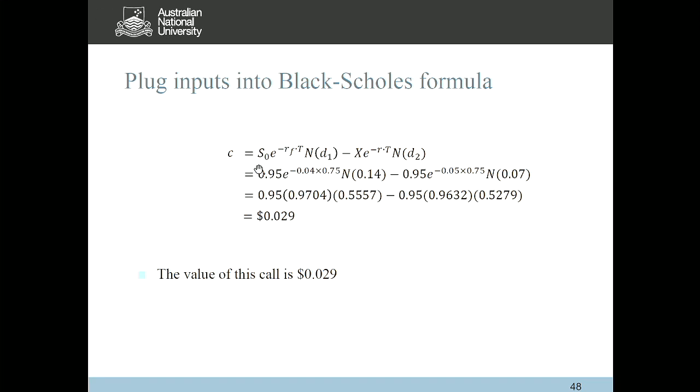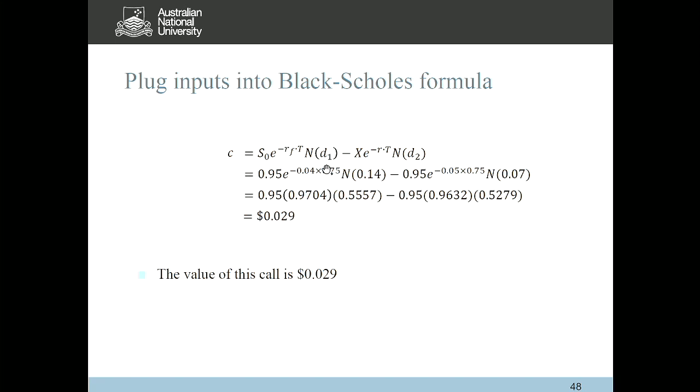Now we know what the current spot price is, so that's 95 cents. So we're discounting that with the foreign rate. And we know the probability for ND1, that minus the present value of your strike price, that is discounted with your domestic rate, 5%. And also we know what's the probability for ND2.